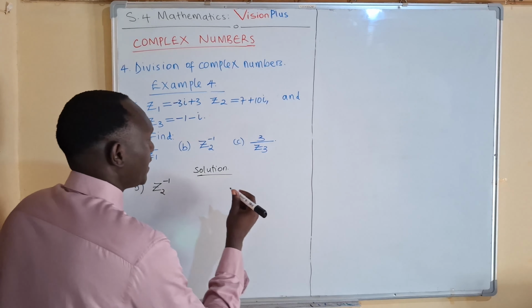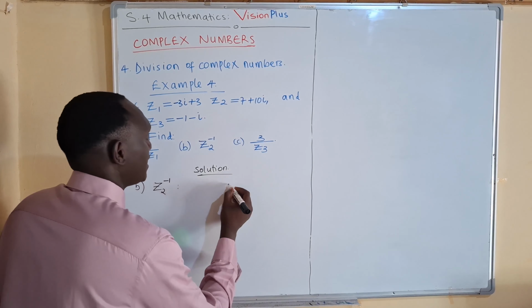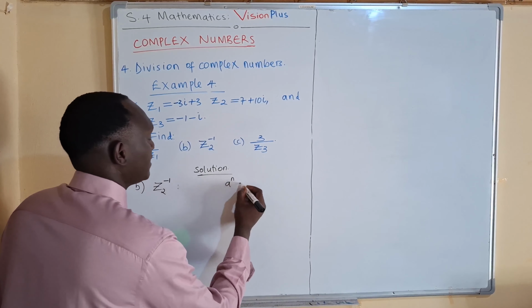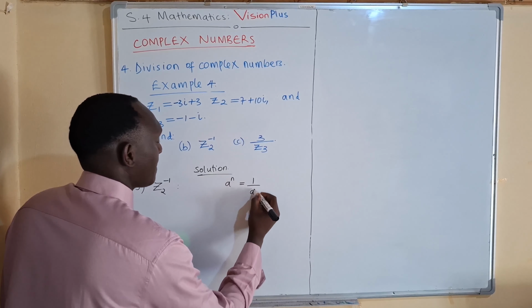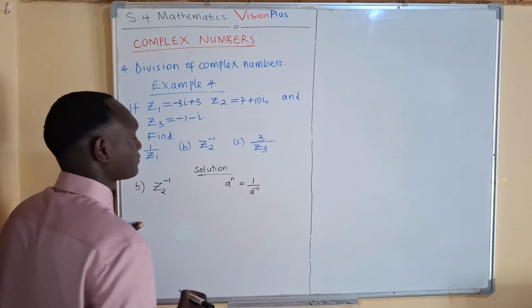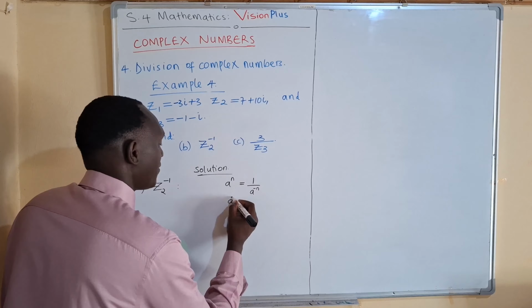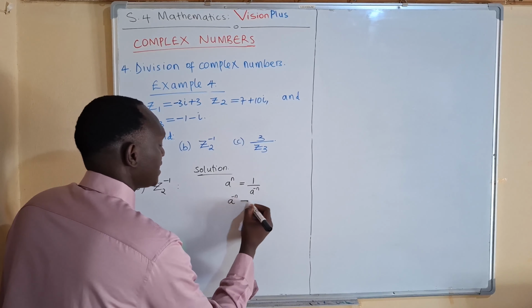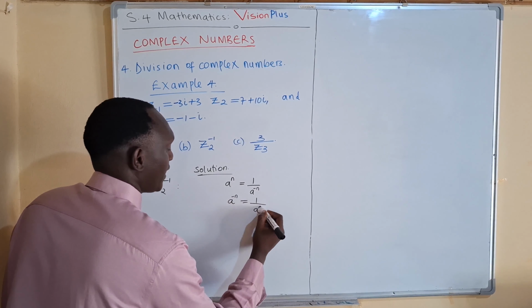From your indices, you had something like this: a power n is the same as 1 out of a power negative n. And it's also the same if you have a power negative n, this is the same as 1 out of a power n.